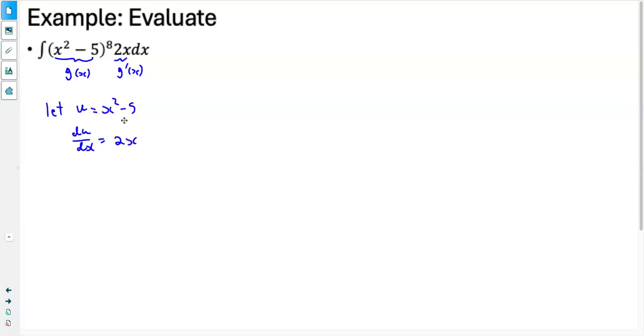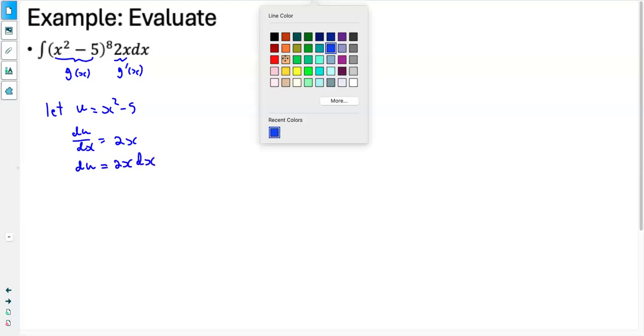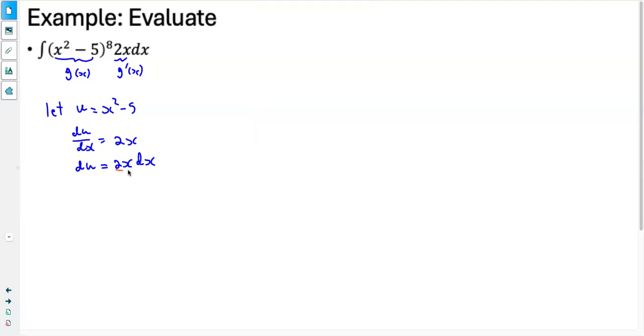Rearranging that, we get du equals 2x dx. What you'll notice is this part here matches what we have here, and what we have here matches here. So we're going to substitute those in.